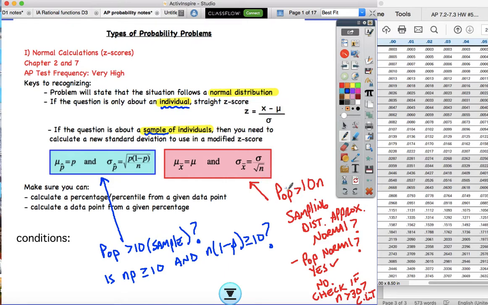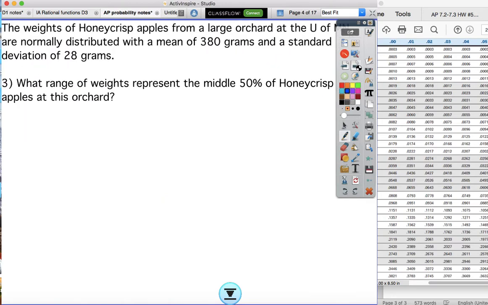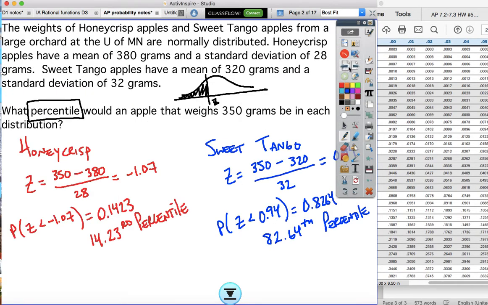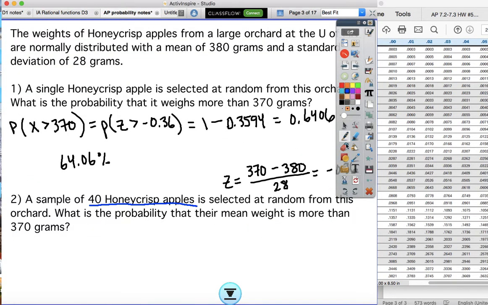Before we get there though, we've got some conditions we have to check. So I need to check a few things. So I need to make sure, is the population greater than 10 times the sample size? Okay, well, the sample size is 40. 10 times 40 is 400.